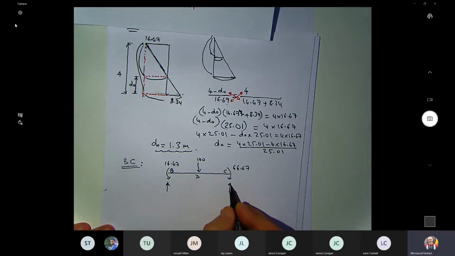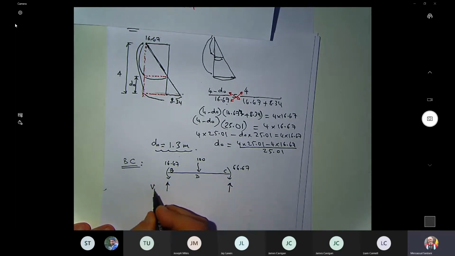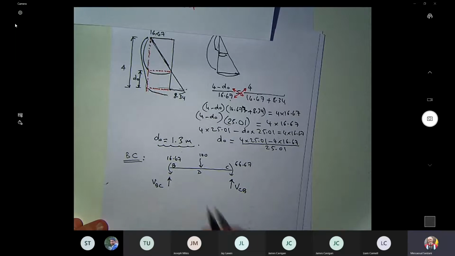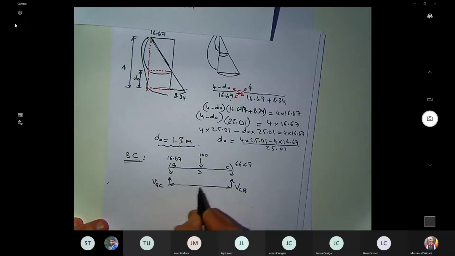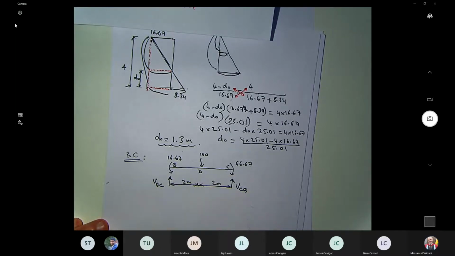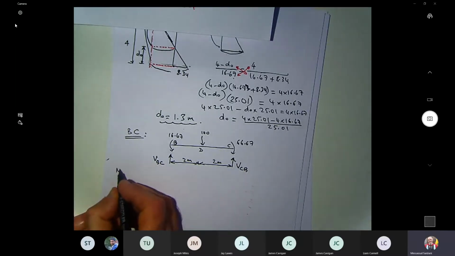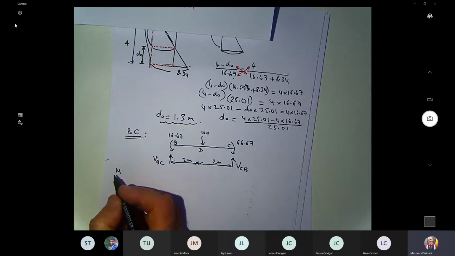Reactions, isn't it? So we have a reaction at B, VBC, and we have a reaction at C, VCB. The span is 2 meters and 2 meters. So first of all, let's take moments about, you can start about B or C, it doesn't matter.